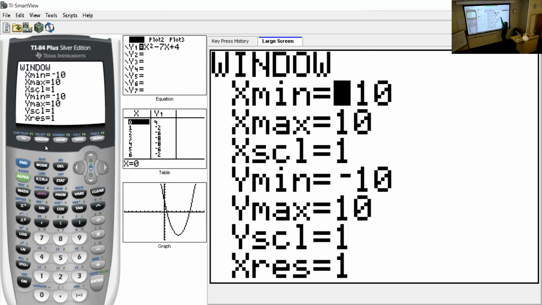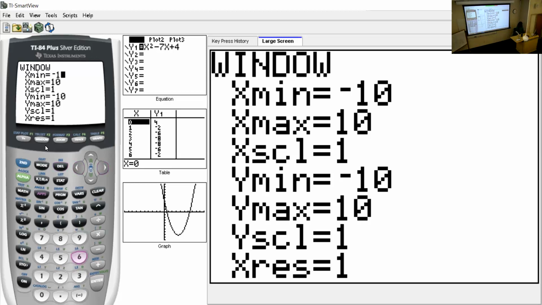So the window part simply tells you where you should start on the x-axis and where you should end. Likewise, y min, y max tells you how far should you go down on the y-axis, and how far should you go up on the y-axis. Standard setting is that. I'm just going to change it, don't put 100.